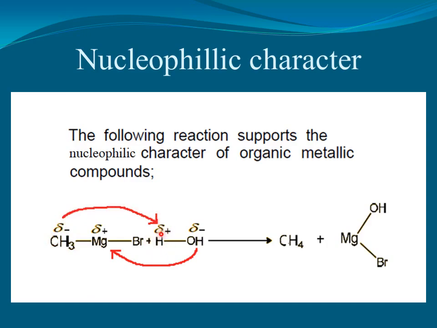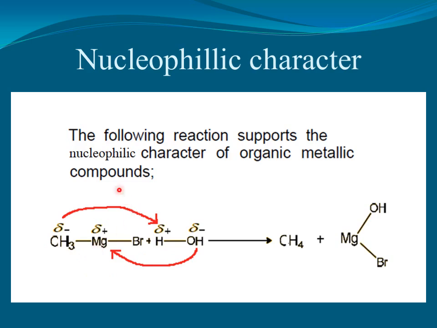And the hydroxide ion, OH negative, is going to attach with magnesium. CH3 is going to attach another hydrogen, giving you methane, CH4, along with Mg(OH)Br. So you can see that in this reaction, Grignard's reagent is acting as a nucleophile.